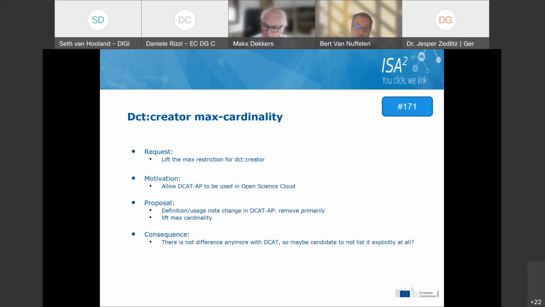If we do that, then the change will be that we have to update the definition or usage note and remove "primarily", and then we can lift the max cardinality. And just as a side note, if we do so, then there is actually no difference anymore with DCAT, and this might be one of the properties that becomes optional and listed.